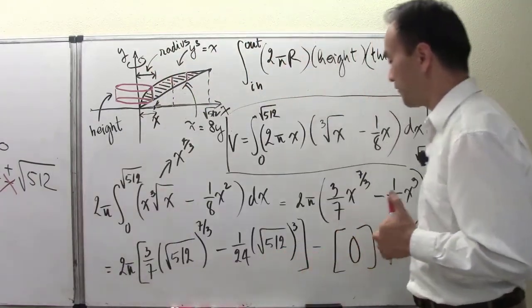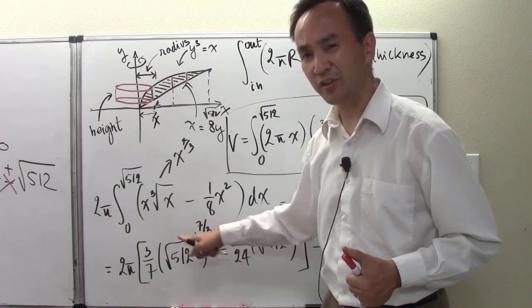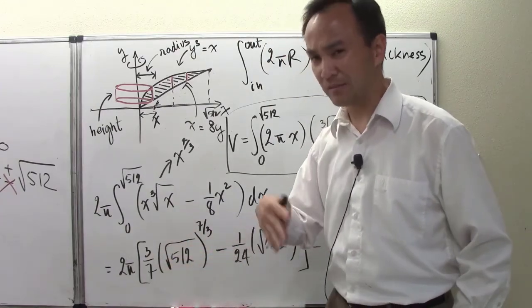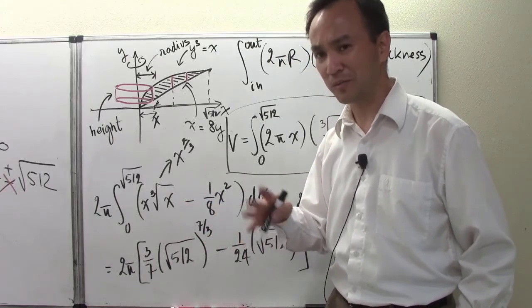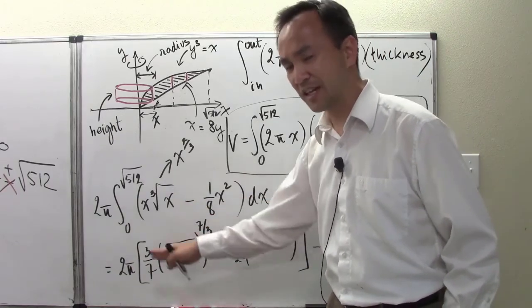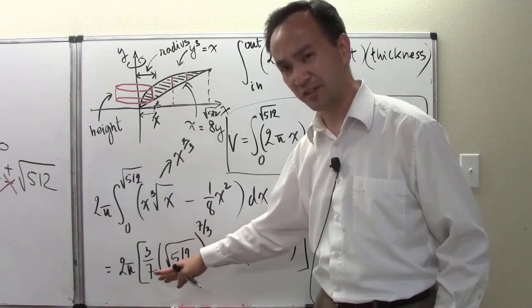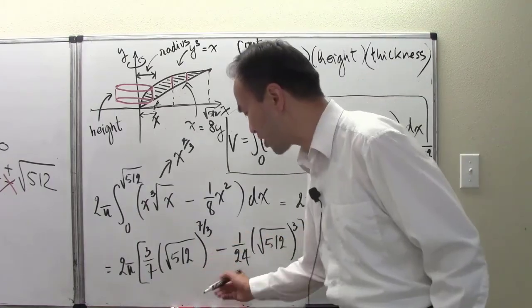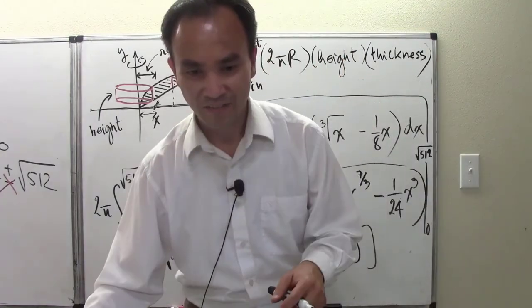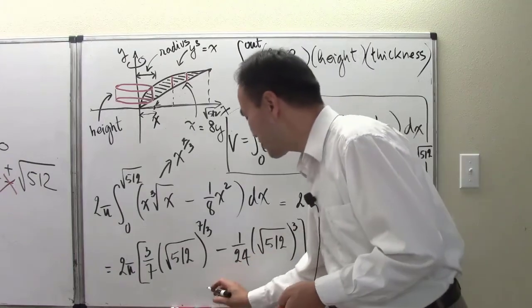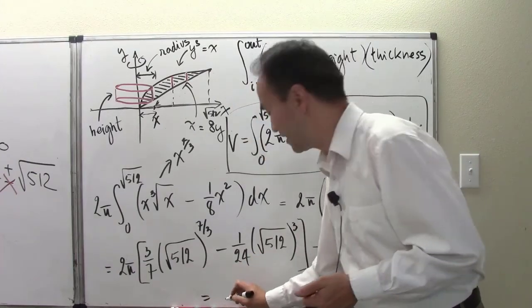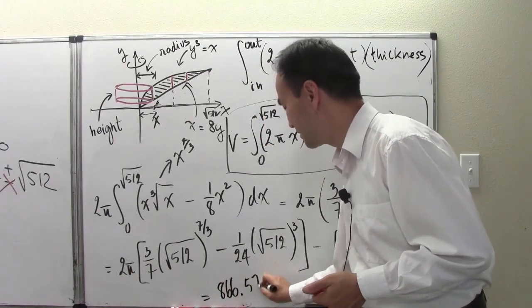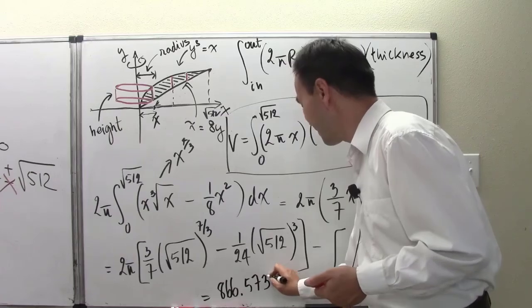All right, so for the final answer, it is going to be more complicated to write with the exact expression. Most of the time I favor writing answers in exact expression, but in this case it's simpler to write the final answer in decimal. So the final calculation altogether shows 866.5737.